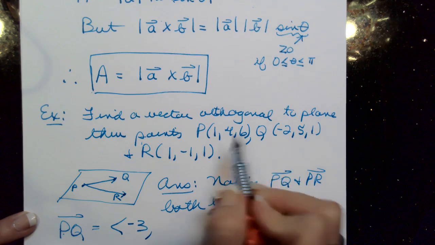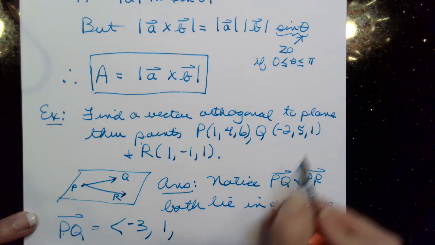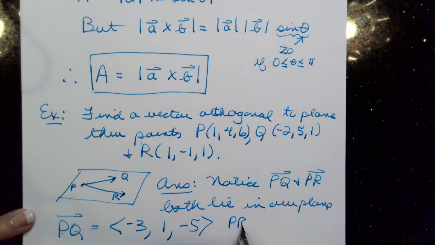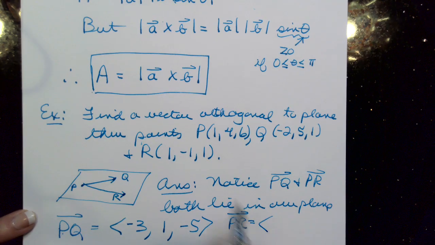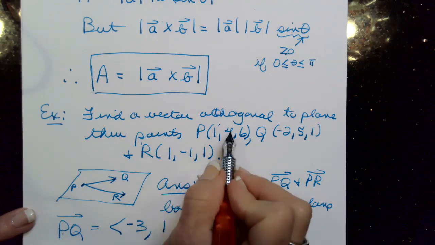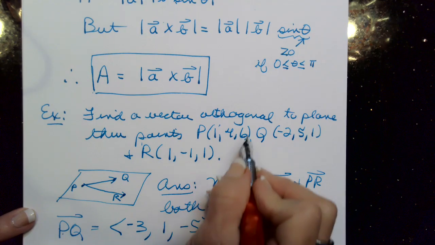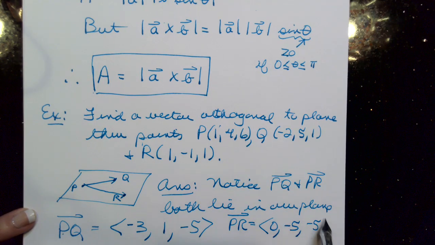And then I take 5 minus 4, that's 1. And 1 minus 6, that's -5. So that's PQ. And PR will be 1 minus 1 is 0. -1 minus 4 is -5. And 1 minus 6 is -5.